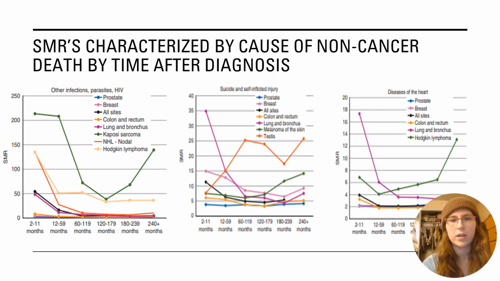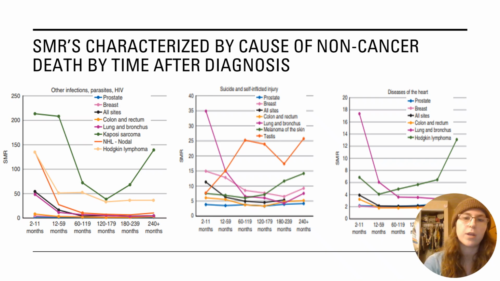But the other outlier on that graph is for testicular cancer, which follows a complete opposite trend of the others. And that's more due to a loss of quality of life.